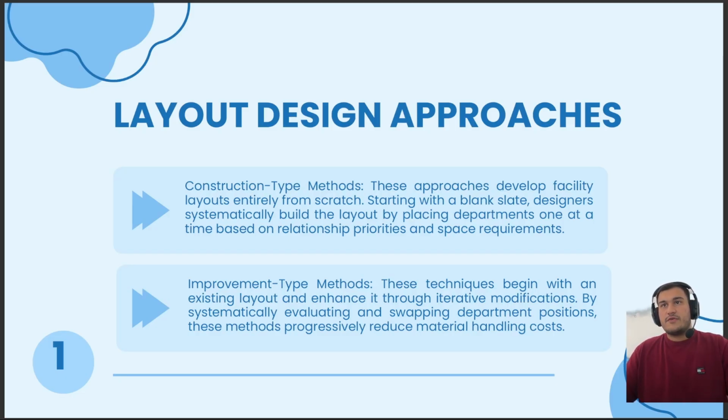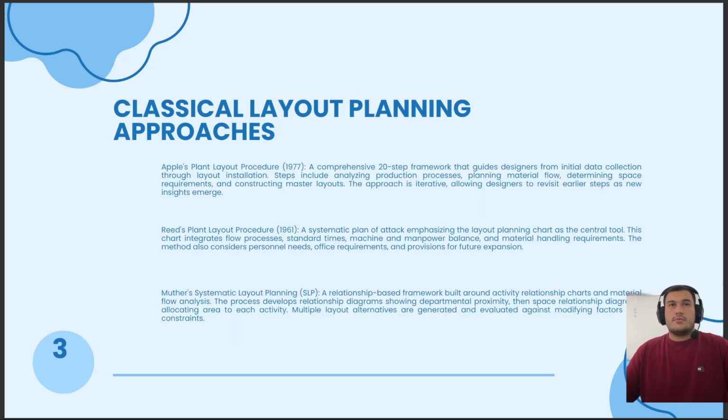The first one is layout design approach, construction versus improvement. When we look at layout algorithms and techniques, we can group them into two main approaches, construction type methods and improvement type methods. First, construction type methods develop facility layouts entirely from scratch.